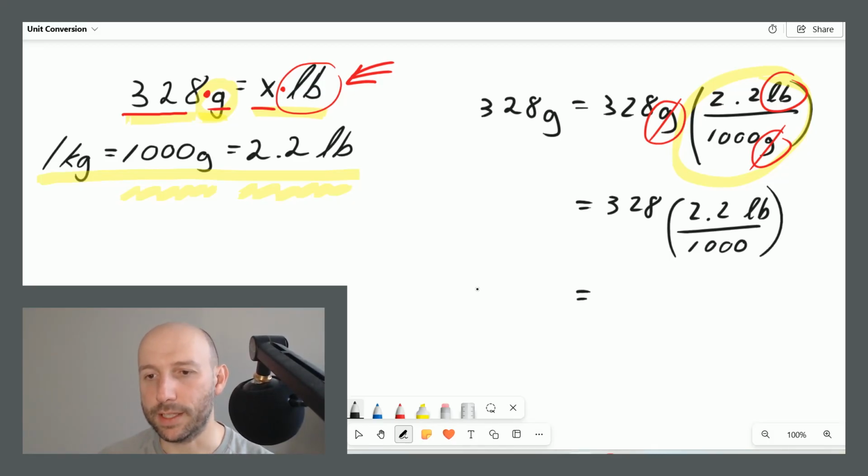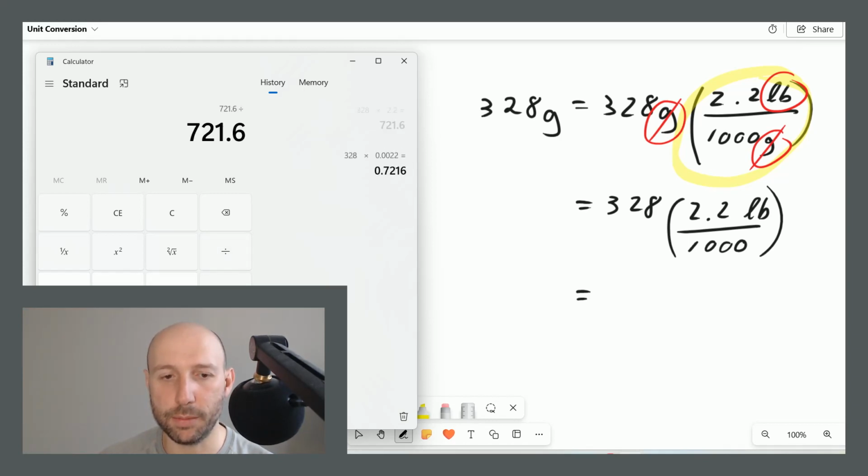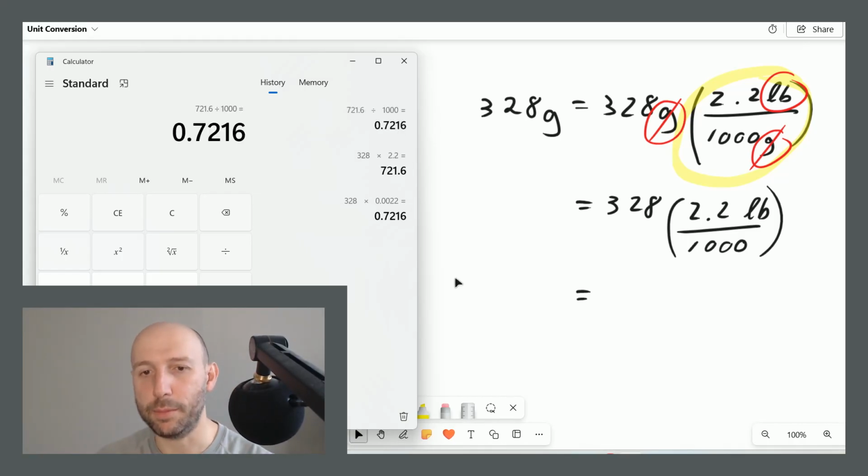And when we place that into a calculator, 328 times 2.2 divided by 1,000, we get our same answer, 0.7216.